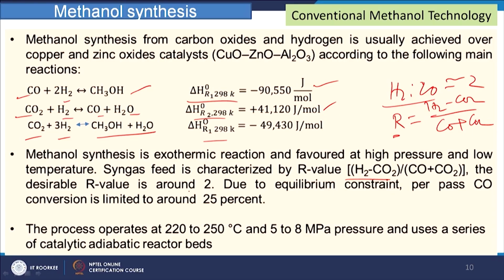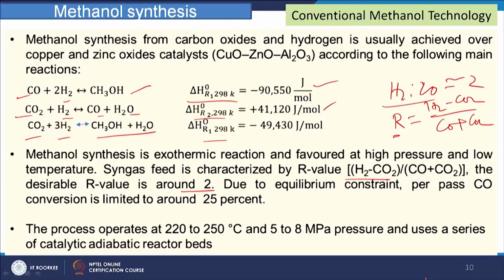So, R value is basically around 2, and when we maintain it at around 2 we get suitable conversions of the syngas to methanol. As it is a solid gas phase reaction in the conventional reactors, one pass conversion of CO is around 25%.